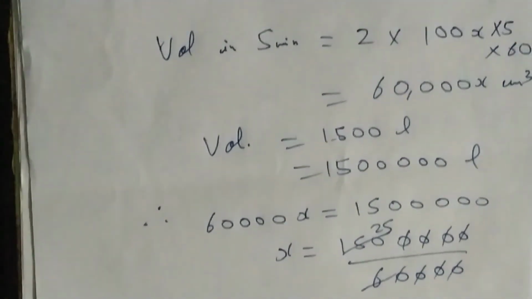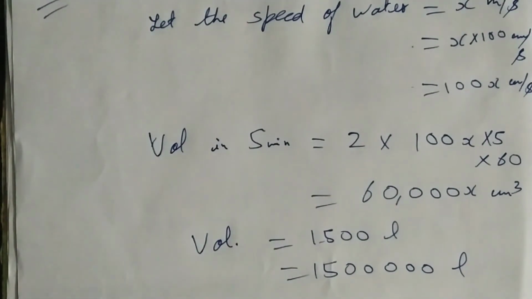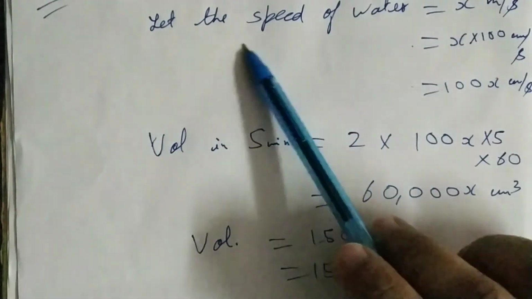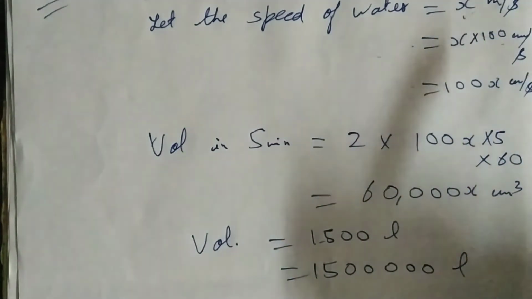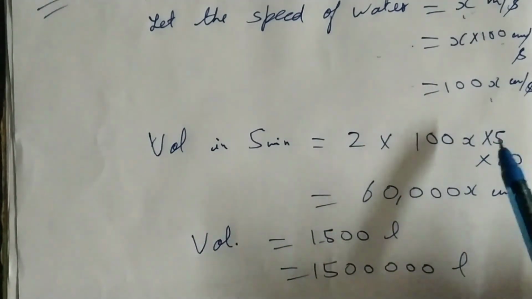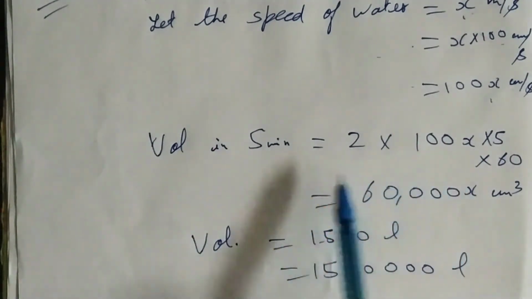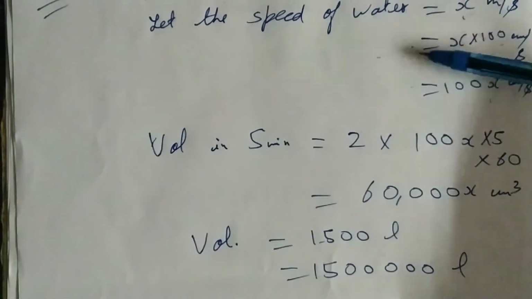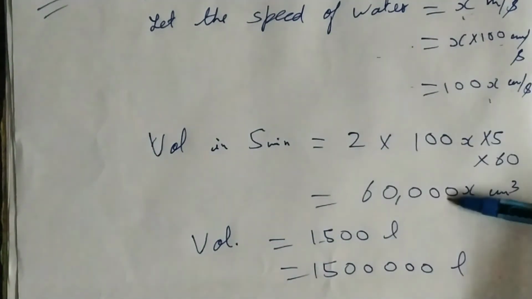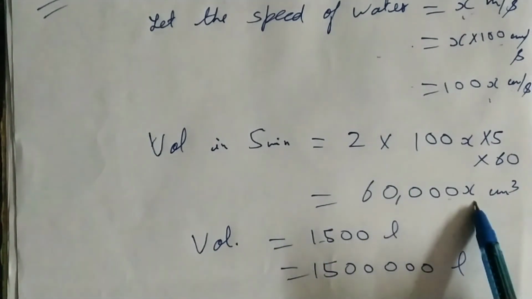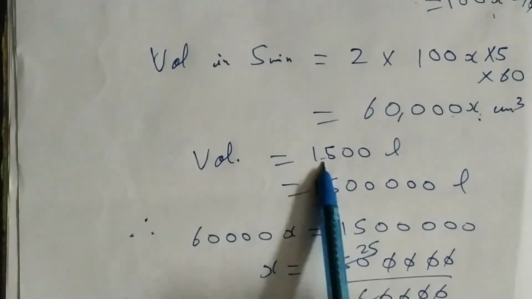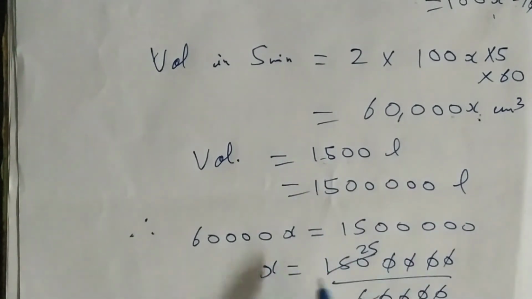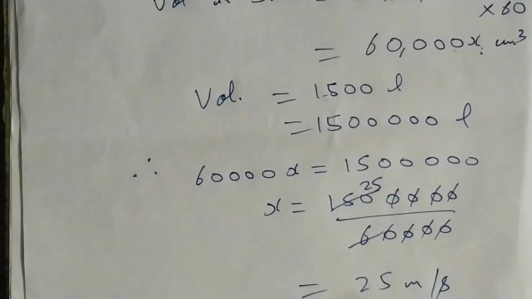So this is how we will solve this question. Area of cross section is given, speed we have considered in meter per second, so we have changed it into centimeter per second. Then according to this we have calculated the volume, so this was 60,000x. Now in the question volume was given 1500 liters, so on comparing we will get the value of x, which was in meter per second.